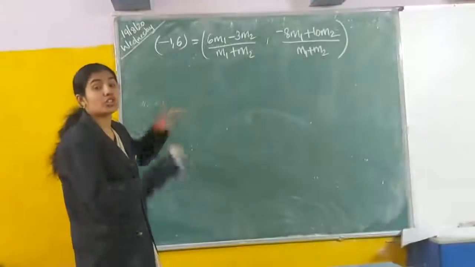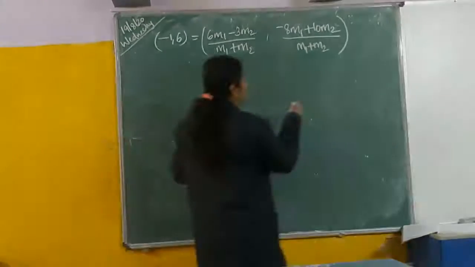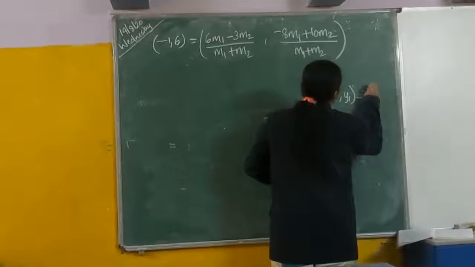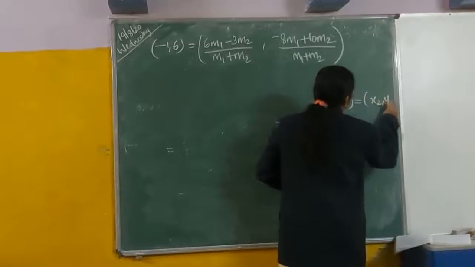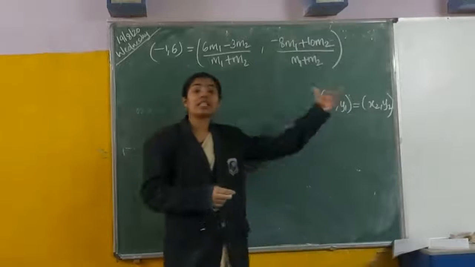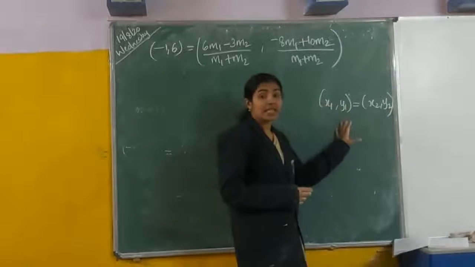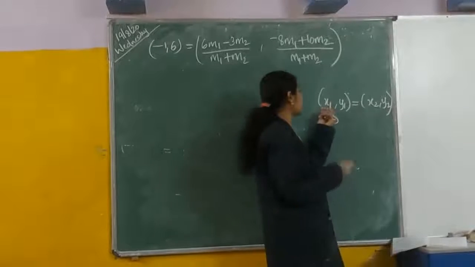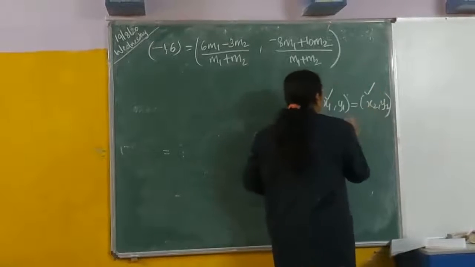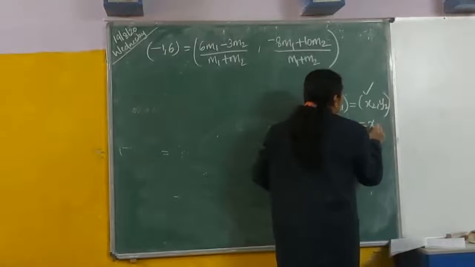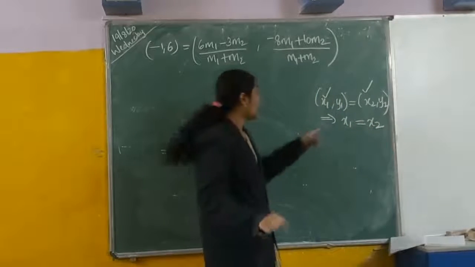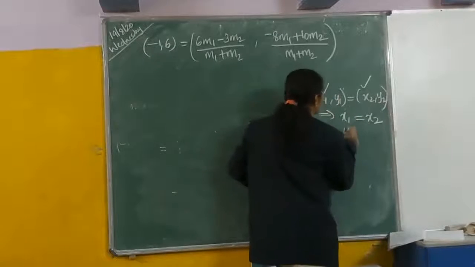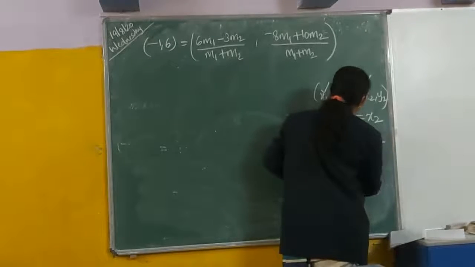When two coordinates are equal, for example x1 y1 equal to x2 y2, you should say the x coordinates are equal. So which are the x coordinates? x1 and x2, so we can say x1 equal to x2. And the y coordinates are equal. Which are the y coordinates? That is y1 and y2. They are equal.